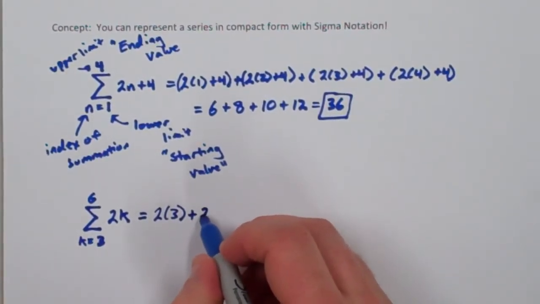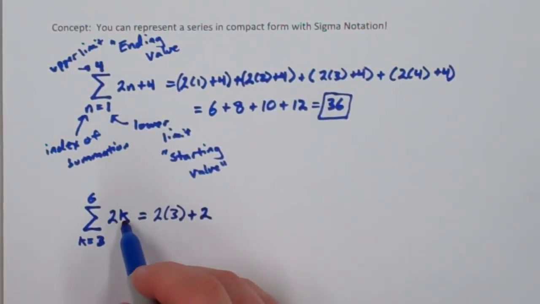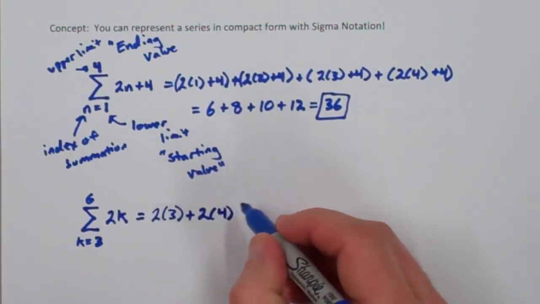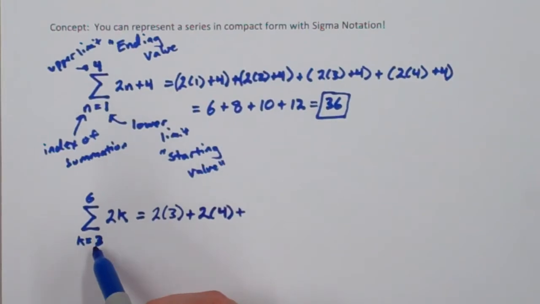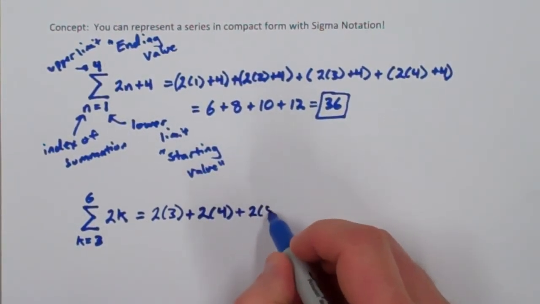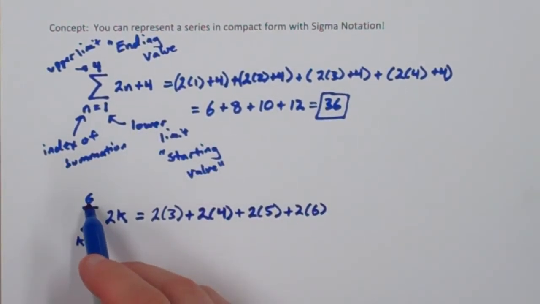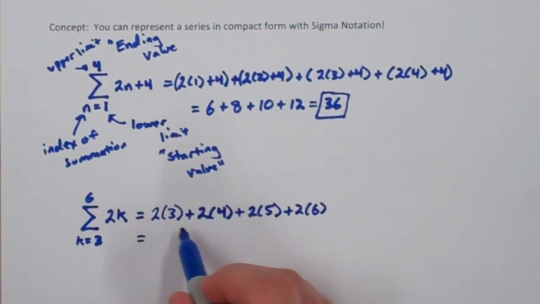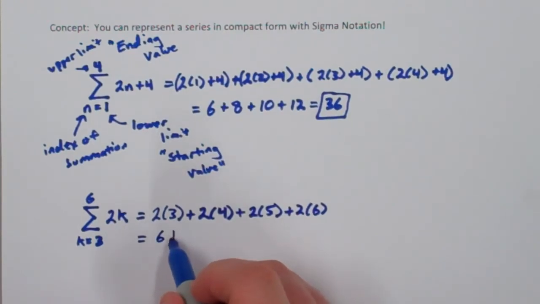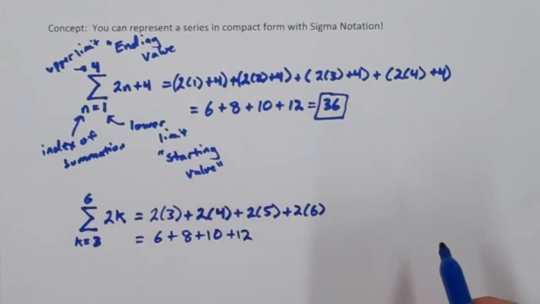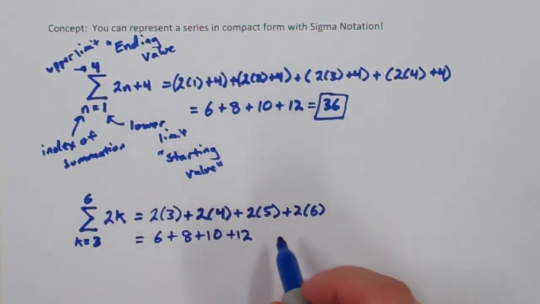The 2 is staying the same, k is the one that's changing. The next integer up is 4. And then the next one would be 5, so it's 2 times 5. We need to go all the way to our upper limit of 6. If we take a look at this, that's 6 plus 8 plus 10 plus 12, and we actually get the exact same thing we did before.